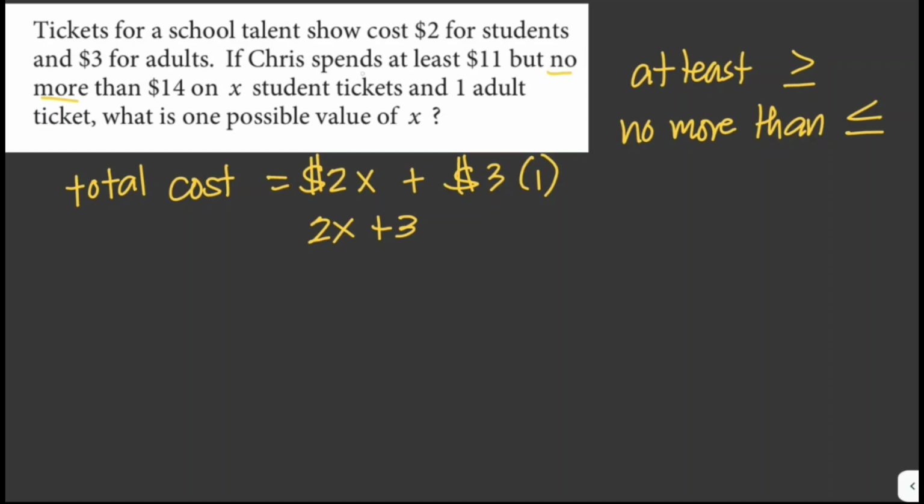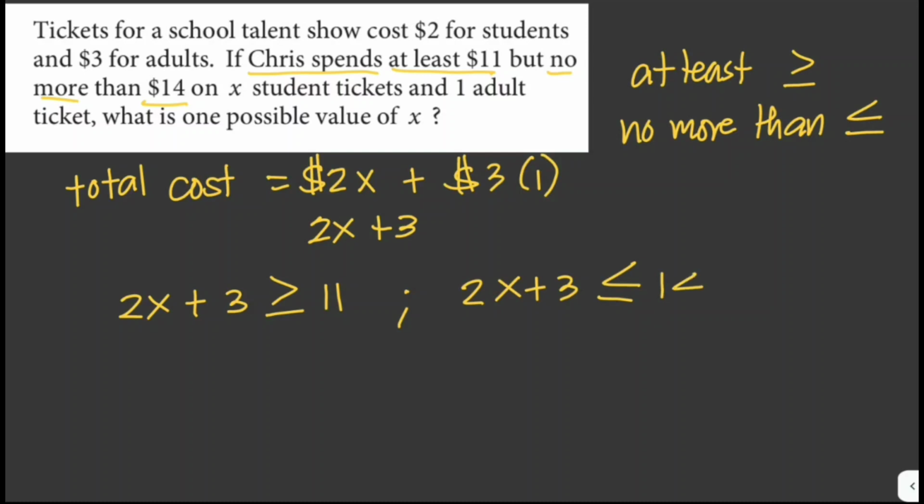So it says here, if Chris spends at least $11, so this is 2x plus 3 at least 11, but no more than $14. So it'll be 2x plus 3 less than or equal to 14.